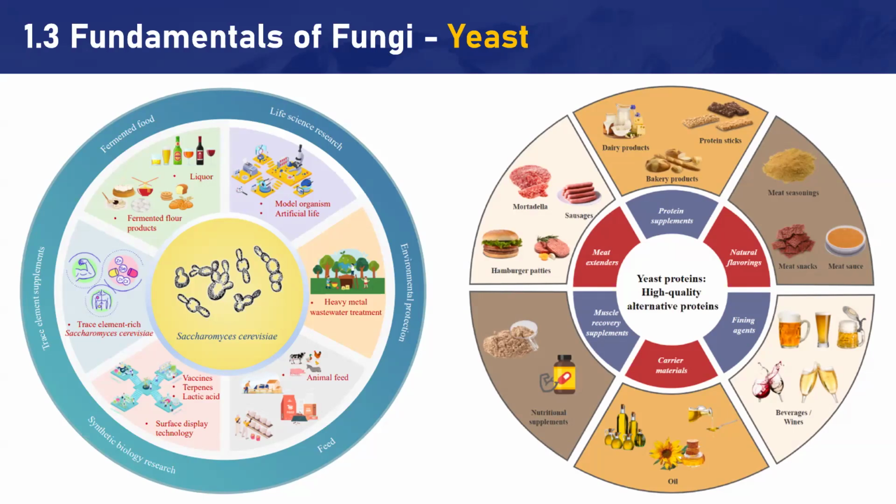Some suggest insects and other types of protein from aquatic animals. However, in the case of yeast, they have a lot of application in food technologies, especially as a high level and high quality protein source.